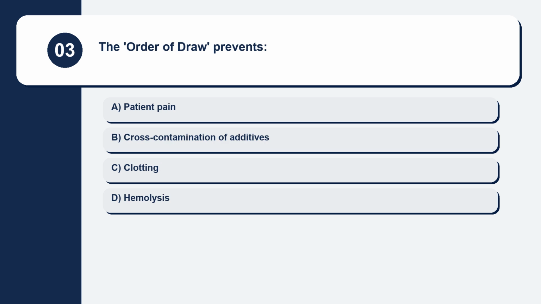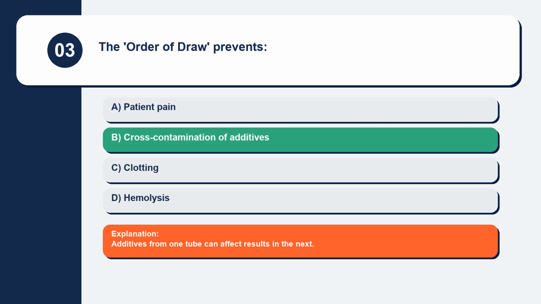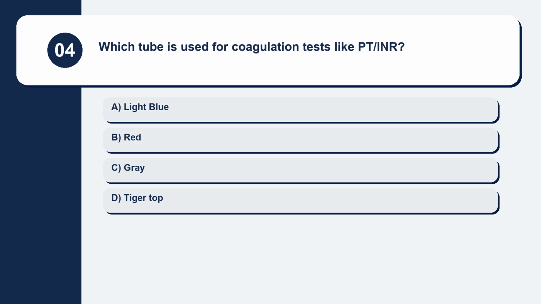Question 3. The order of draw prevents patient pain, cross-contamination of additives, clotting, hemolysis. Additives from one tube can affect results in the next. Question 4. Which tube is used for coagulation tests like PT/INR: light blue, red, gray, tiger top?